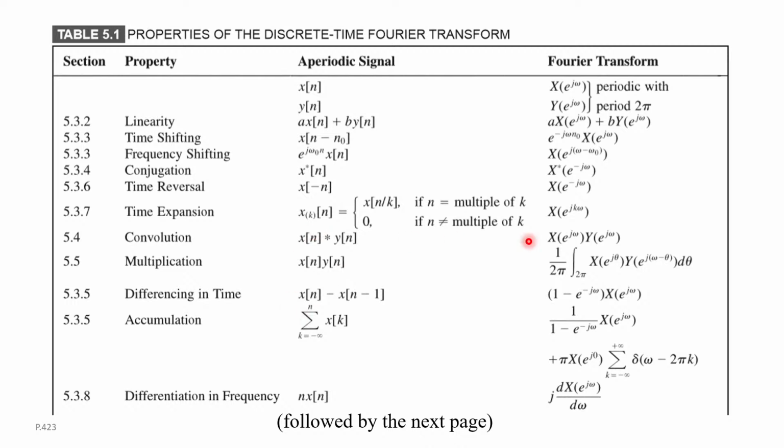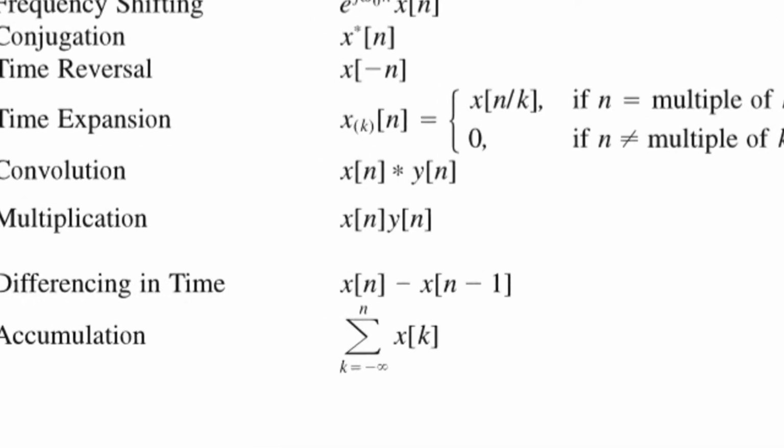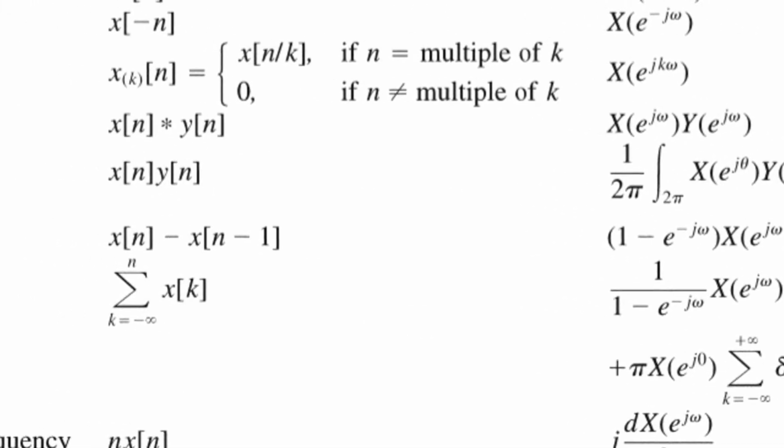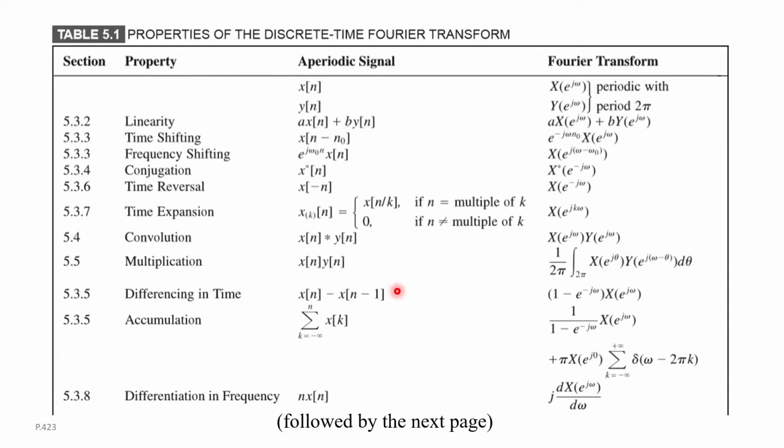And also the two relations we just talked about. The convolution is a little small. Let me zoom in. Okay. So convolution in time domain gives multiplication in frequency domain, and multiplication in time domain gives this periodic convolution in the frequency domain.